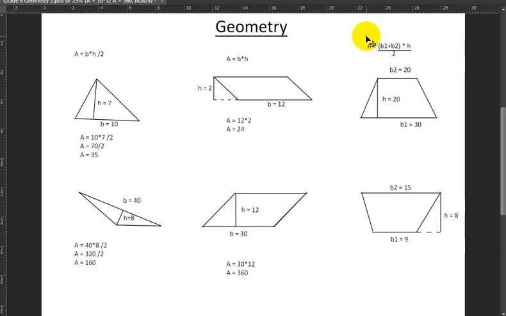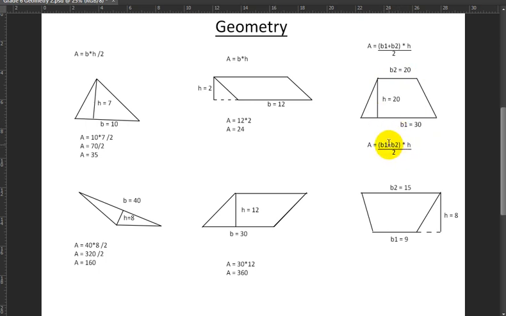Next up, we're going to take this one right here. Now, we know that B1 is 30, B2 is 20, and the height is also 20.